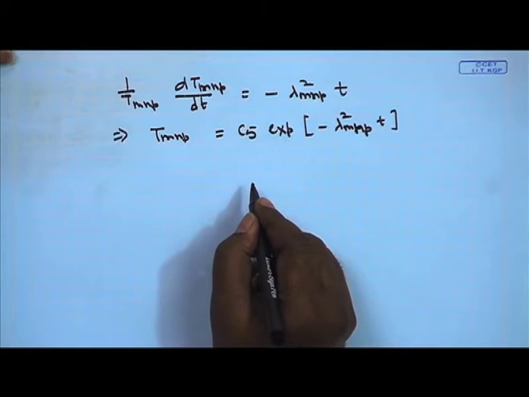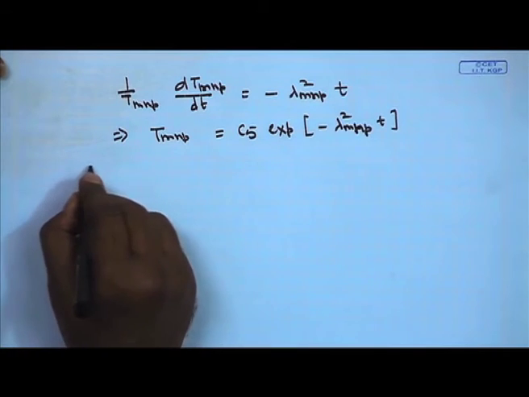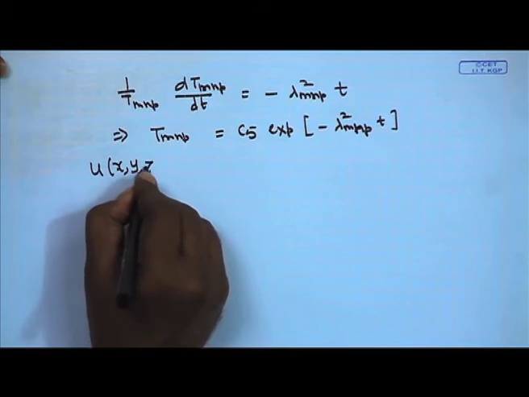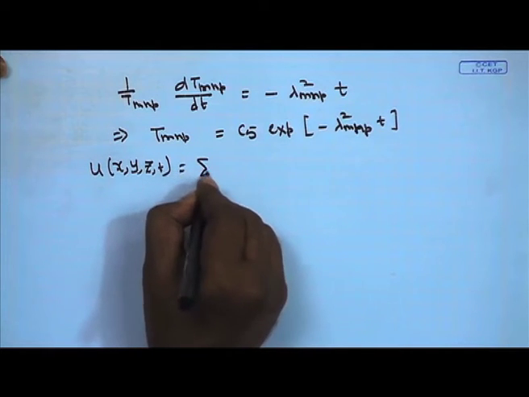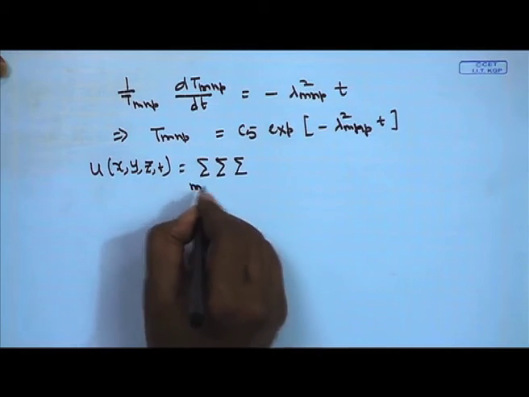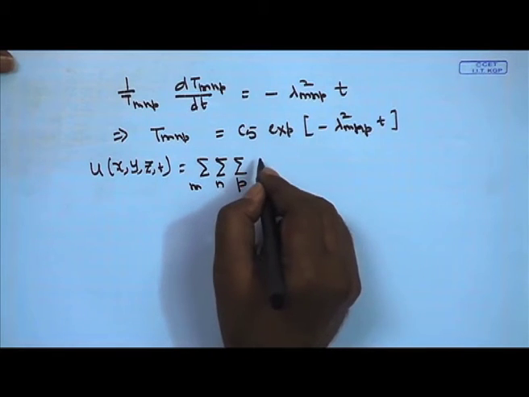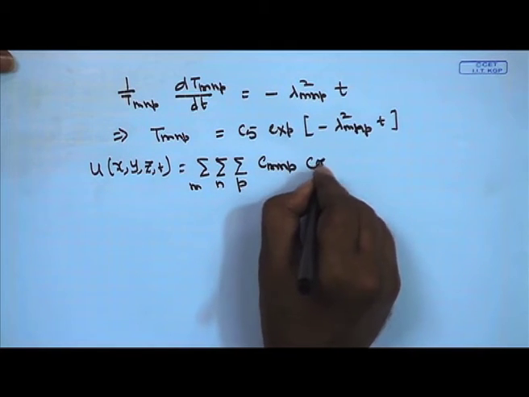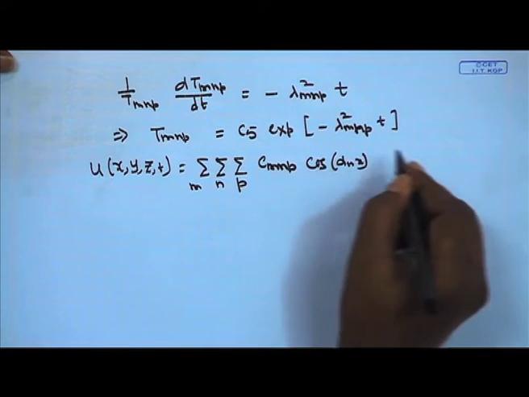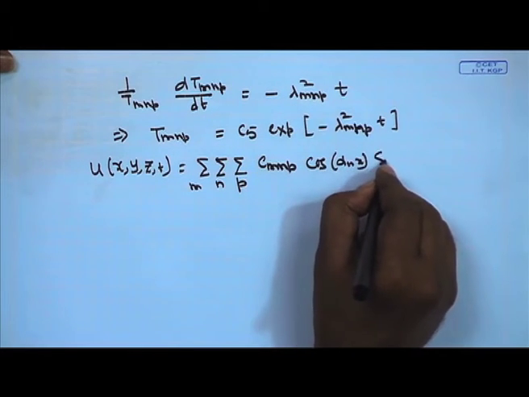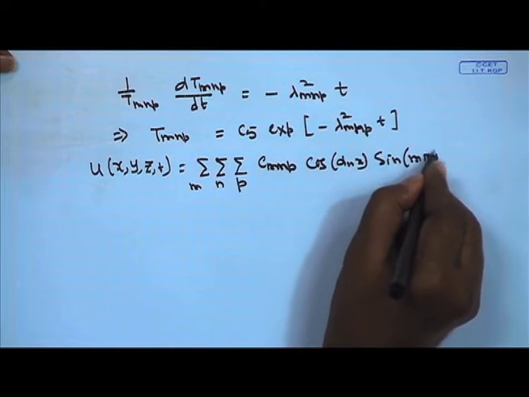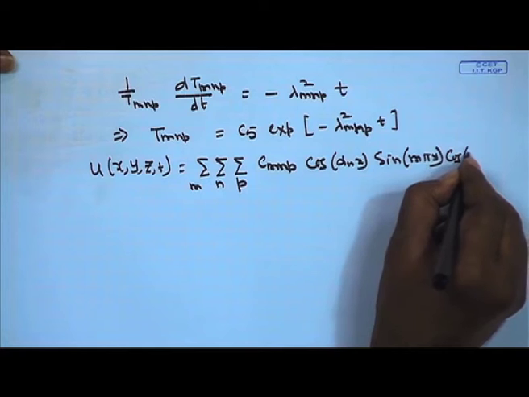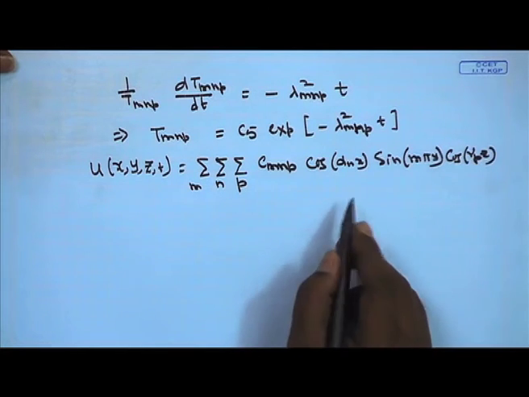We will be able to construct the complete solution now. The complete solution u as a function of x, y, z and t is a triple summation, one over m, another over n, another over p. All the constants are multiplied, giving rise to a new constant C m n p, times cosine alpha n x, sine m pi y and cosine gamma p z, where alpha n is 2n minus 1 pi by 2, and gamma p is 2p minus 1 pi by 2.